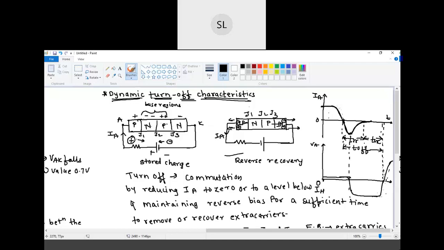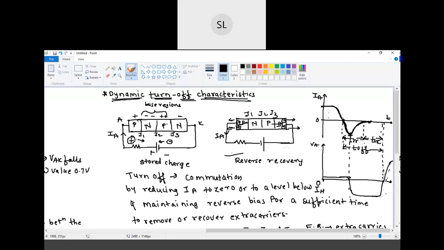Once we reverse bias the thyristor, the anode current will start reducing to zero. Then the charges stored at the junctions will start recovering. When about 60% of the charges at junctions J1 and J3 have been recovered, the reverse current reaches its peak value and then starts decreasing at a faster rate. When almost all the carriers have been removed, this reverse current will be reduced to zero.